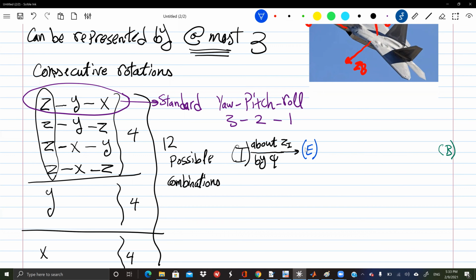Now from E, I'm going to do the second rotation suggested by Euler, which is about the most recent Y, which is Y subscript E, by some other angle called theta, your pitching angle, to arrive at a new frame, say the S frame.